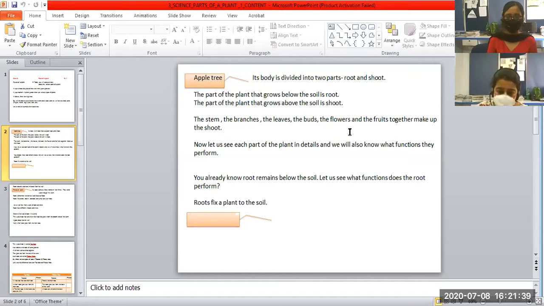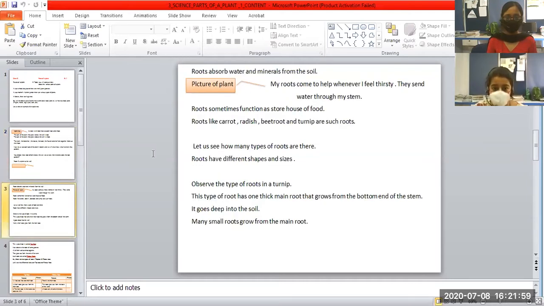Now let us see each part of the plant in detail, and we will also know what functions they perform. Tell me one thing, do you know what is the function of the roots of a plant? Yes, ma'am. The root fixes the tree to the soil. Okay, the roots fix a plant firmly to the soil. They anchor the plant to the soil.